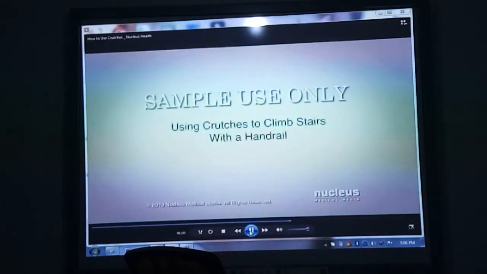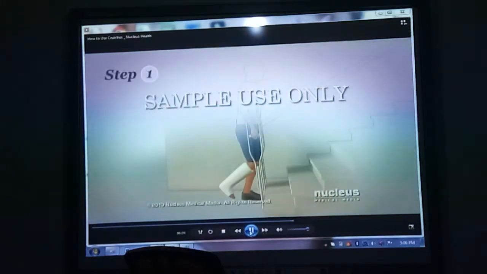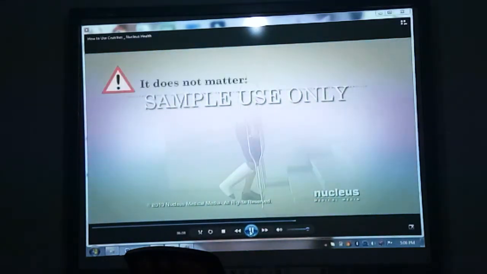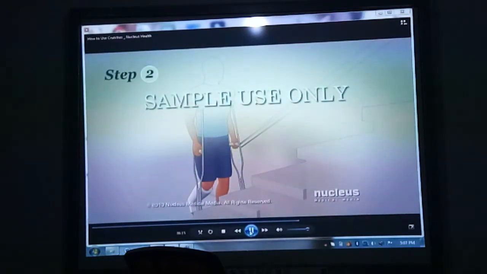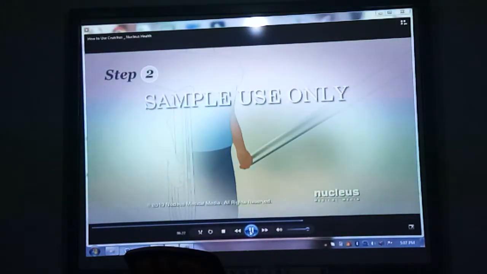Now you'll learn how to use crutches to climb stairs that have a handrail. Step 1. Begin as close to the stairs as possible. It does not matter which side the railing is on or which leg is injured. Step 2. Move the crutch nearest the railing to the opposite arm. Hold both crutches by the hand grips with that hand.